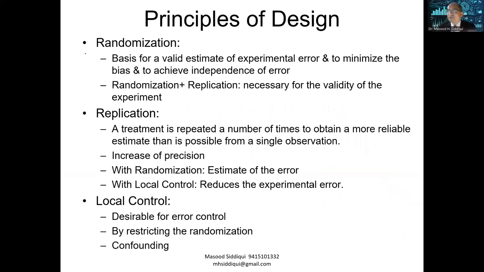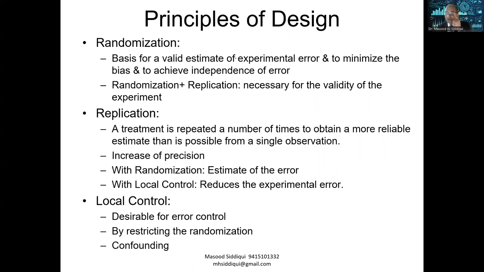Now we are discussing these concepts in detail. Randomization means choosing observations from the sample randomly and randomly assigning the treatment to the different doses. It forms the basis for a valid estimate of the experimental error, minimizes bias, and achieves independence of error.